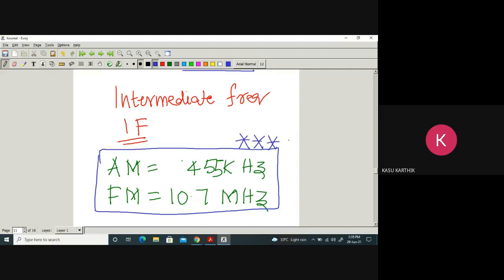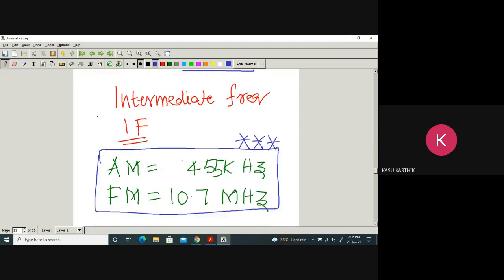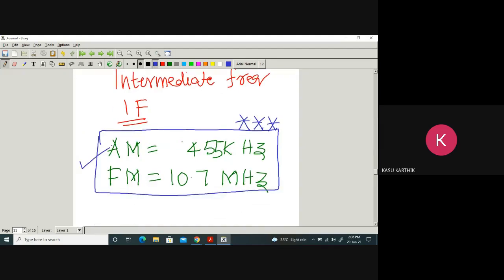The intermediate frequency for AM is 455 kilohertz, for FM is 10.7 megahertz. I will tell you the significance of these frequencies a little bit later. And the operating ranges of AM and FM. So these two values and these two values you must remember. Is it okay? Right.